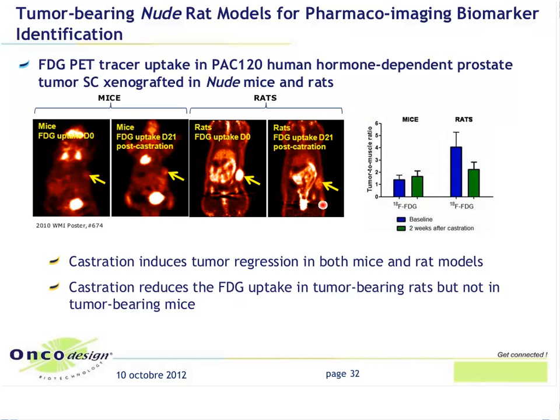In contrast, the tumor uptake is not modified by the castration of mice. These results are certainly due to the low level of FDG uptake in the tumor of non-castrated mice. Compared to mice, the FDG uptake is higher in rats, and then a decrease can be observed.